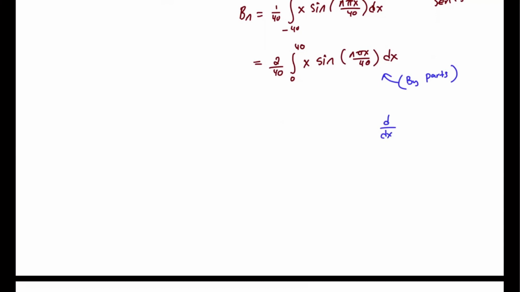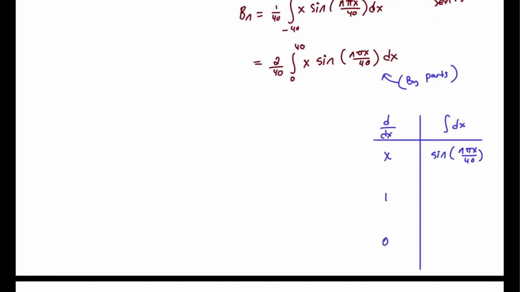One column you're going to differentiate, and the other column you're going to integrate with respect to x. That's how I like to write it down. So we'll put x right here, and sine of n pi x over 40 right here. Differentiate x with respect to x, you get 1. Differentiate 1 with respect to x, you get 0. Once you get to 0, you stop.